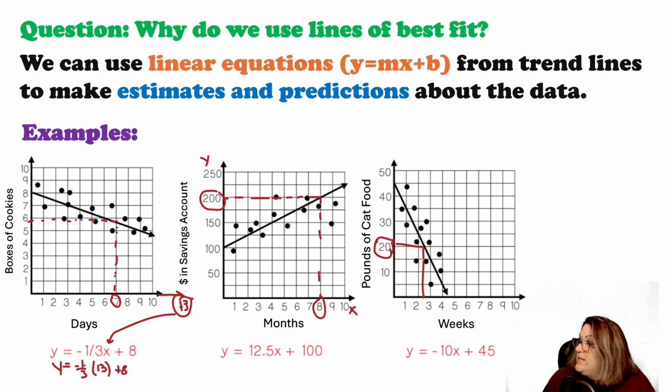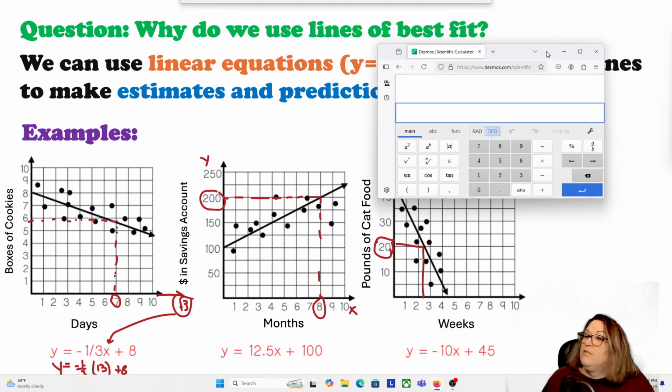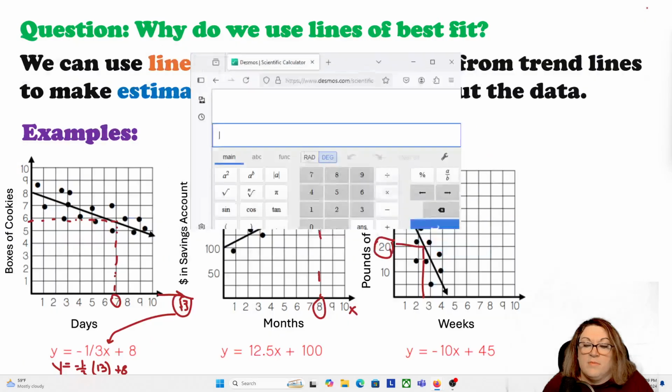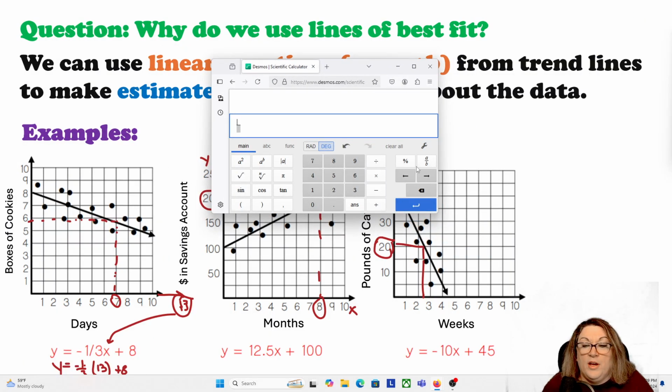So let's do that on Desmos. I have Desmos pulled up over here somewhere. Where did I put it? There it is. Okay. So if I were to put negative 1/3, and then I'm going to multiply that times 13.